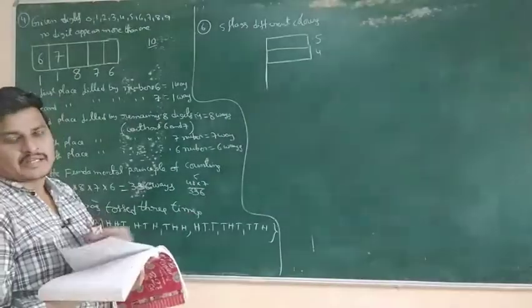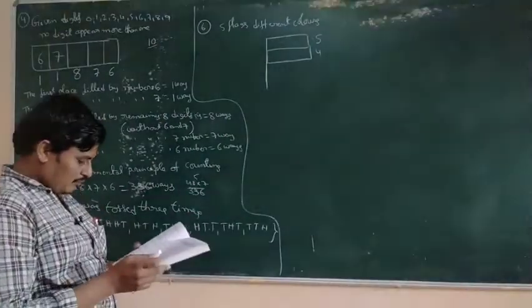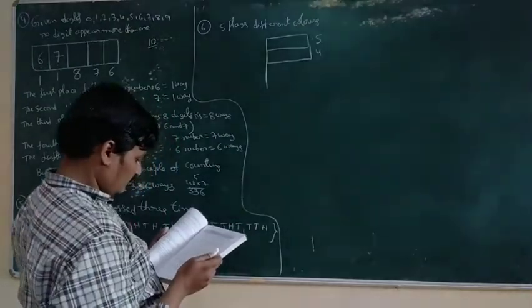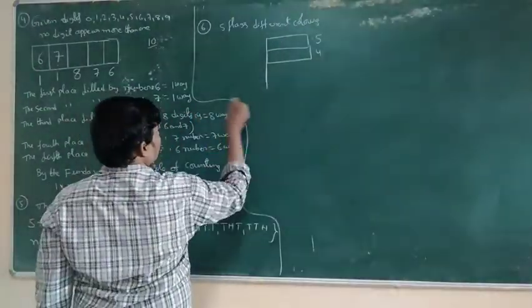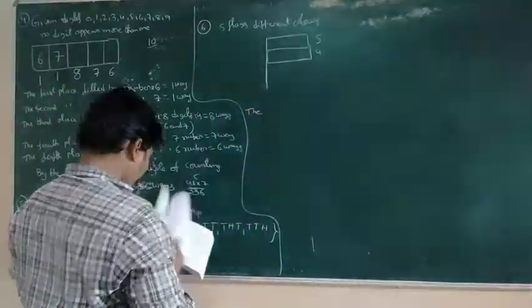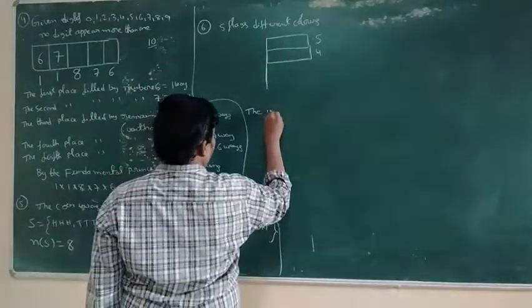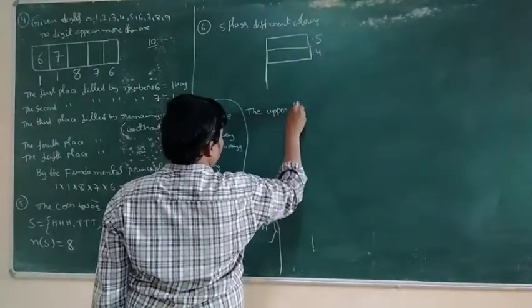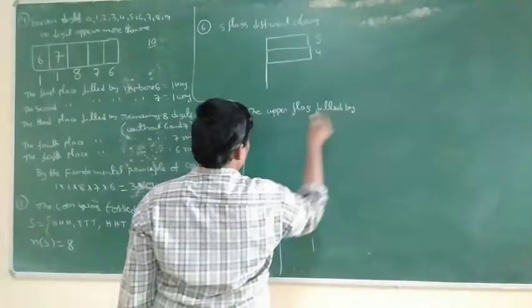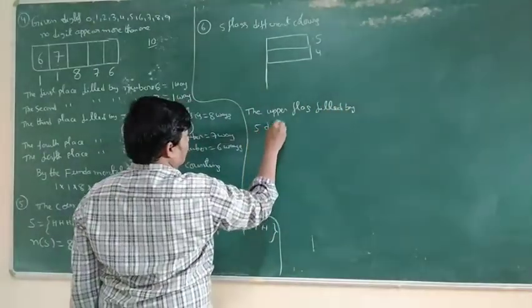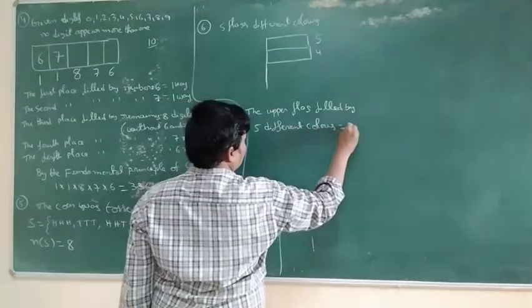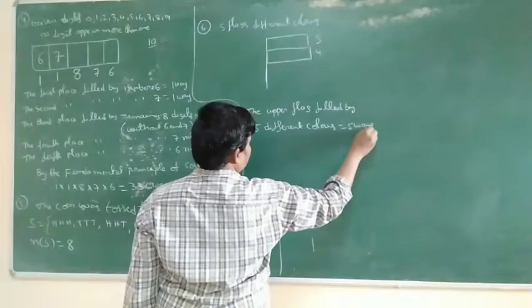Okay, this is the method. A simple method: the upper flag is filled by 5 different colors, equal to 5 ways.